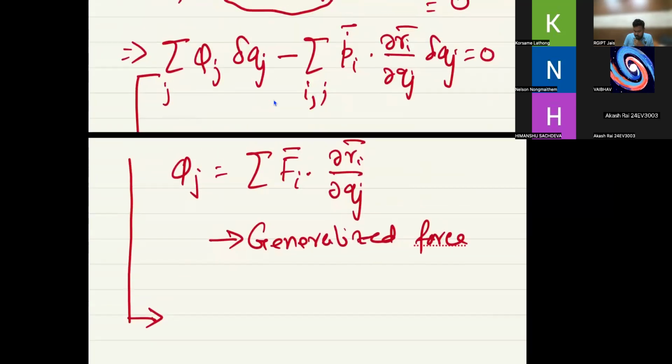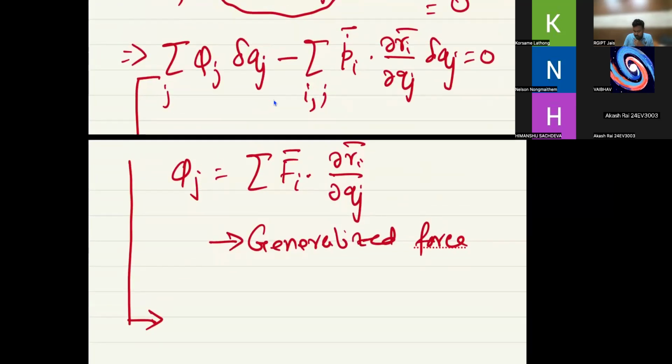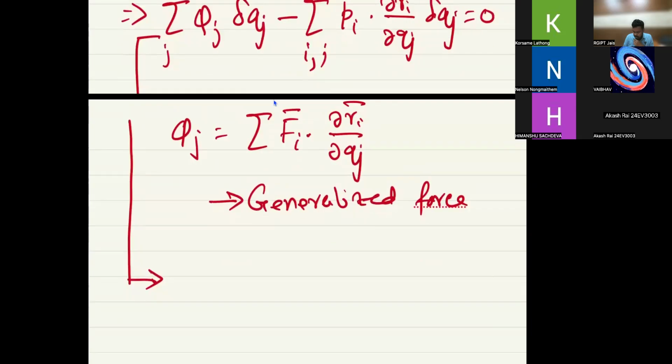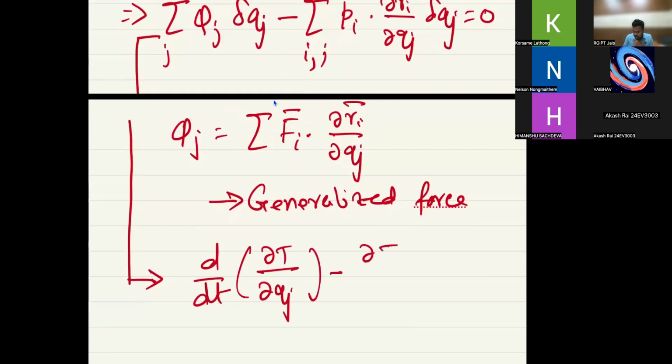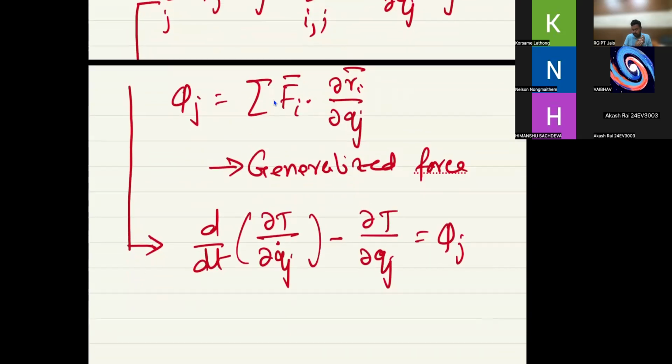So from this expression, you can write d dt of del T by del Qj dot, minus del T del Qj, equal to Qj. What is T?